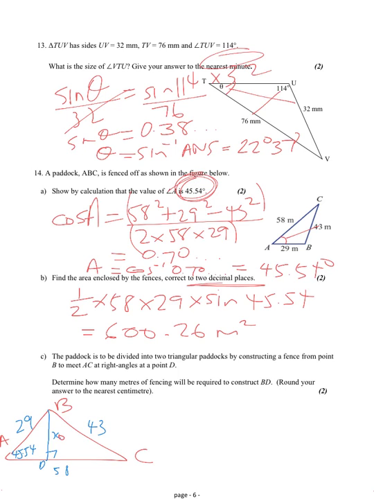We need to know X, so we have opposite and hypotenuse, so we have sine. Sine 45.54 equals opposite over hypotenuse. How do we divide by 29? We times by 29.